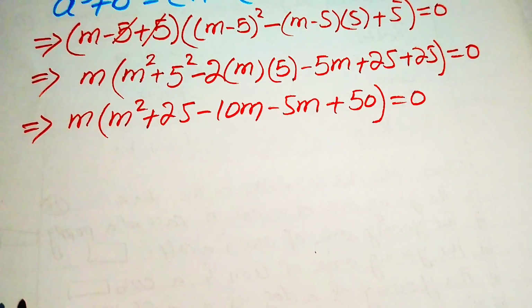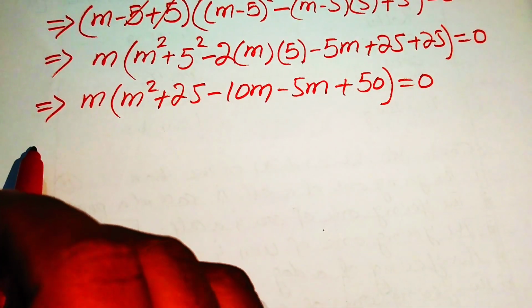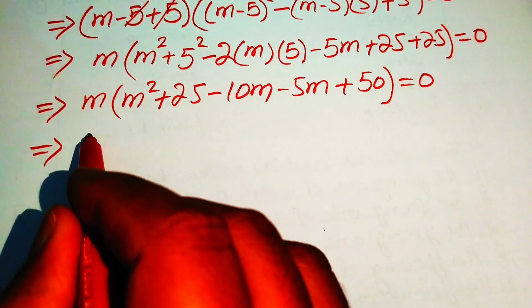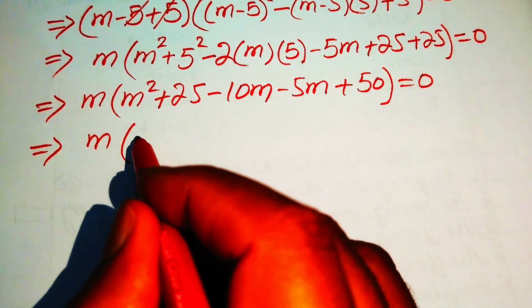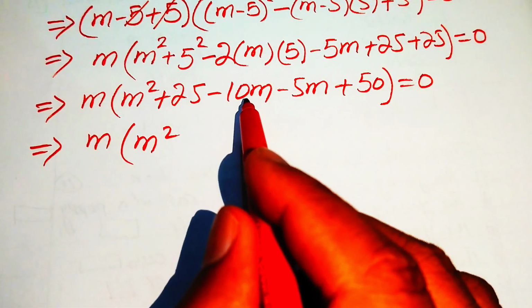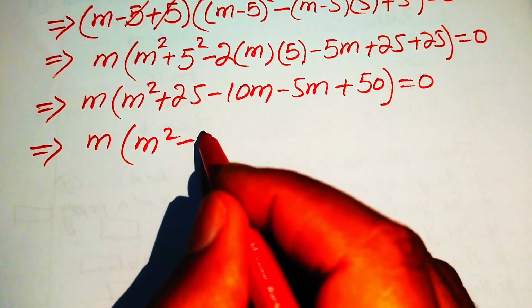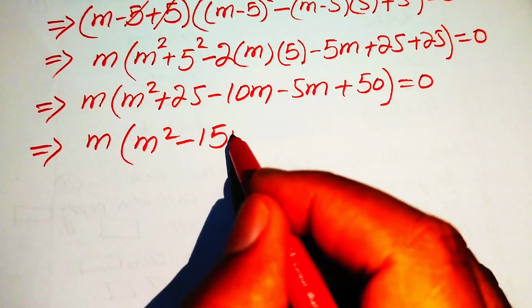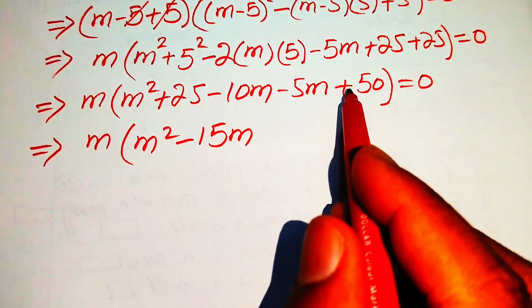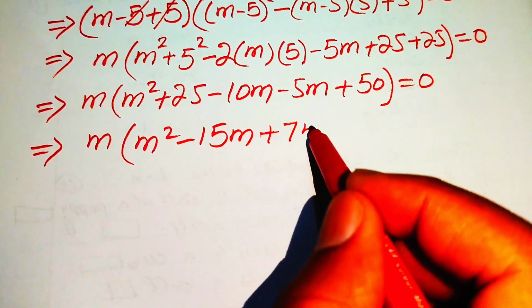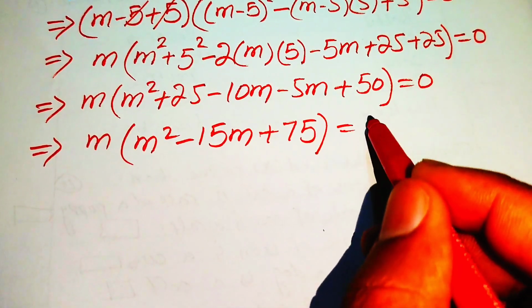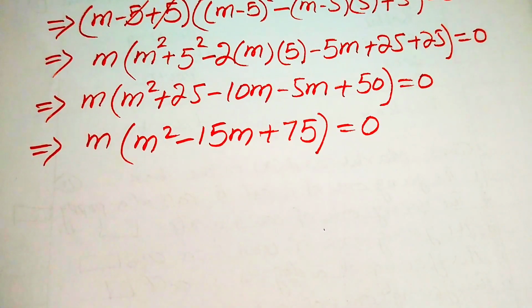So in the next step, we sum up the terms. We add or separate the like terms and we have m^2, and this is -10m - 5m equals -15m, and 25 + 50 equals 75, and this whole equation equals 0.